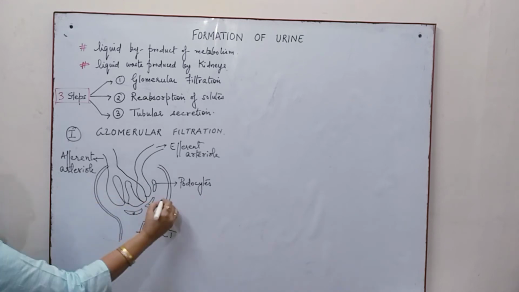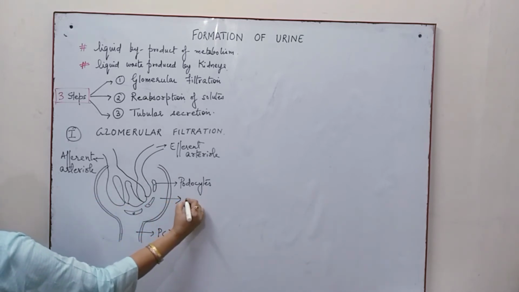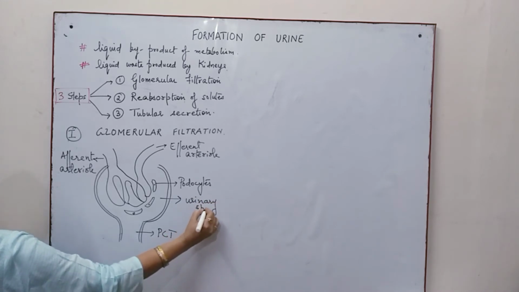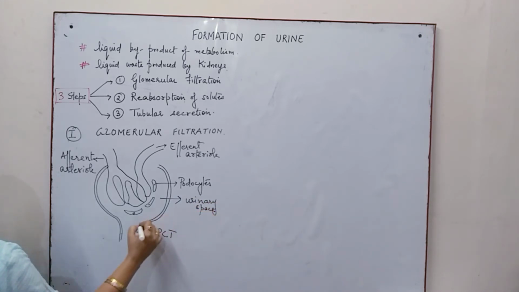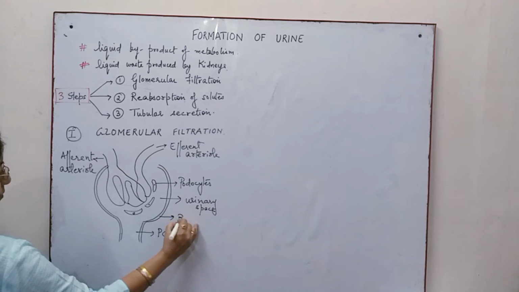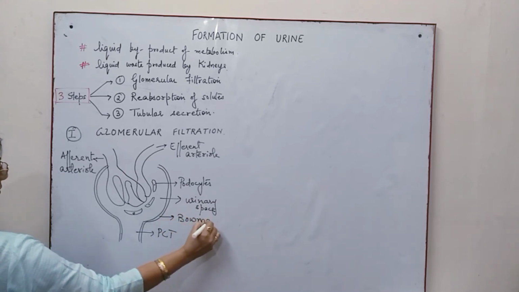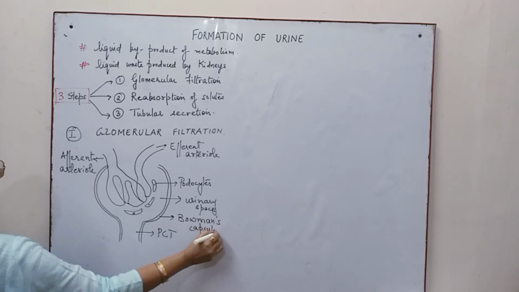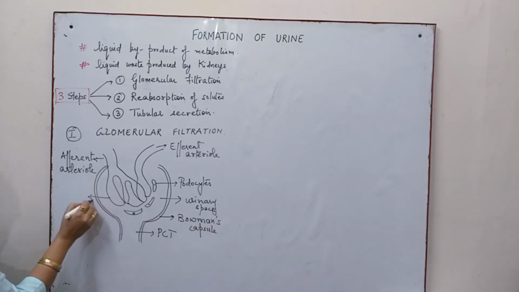This is the urinary space. These are the podocytes. This is Bowman's capsule. And this is the glomerulus.